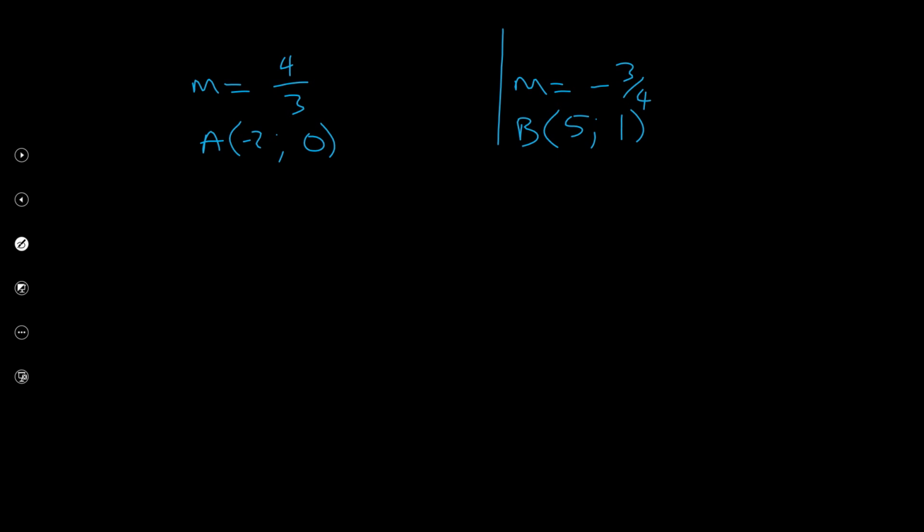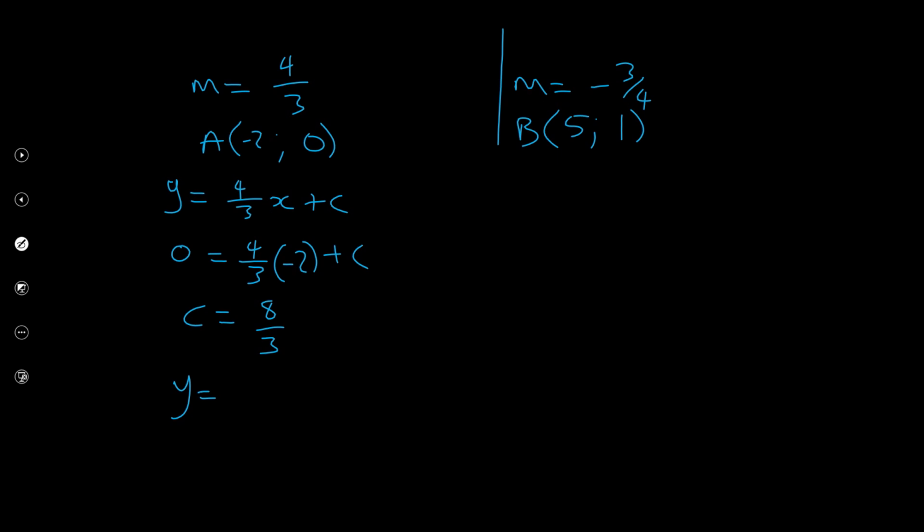With this one, it will be y is equal to 4 over 3x plus c. Then I substitute: 0 is equal to 4 over 3 into minus 2 plus c. Then c will be equal to 8 over 3. Then the equation is y is equal to positive 4 over 3x plus 8 over 3, right? And with this one here, it will be y is equal to minus 3 over 4x plus c.